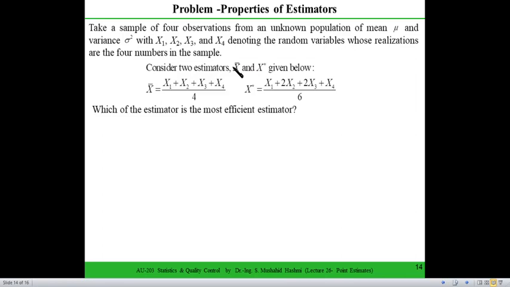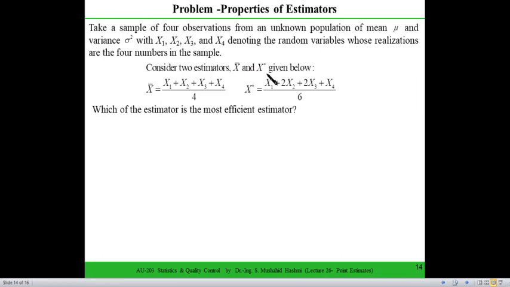Let's say, for example, we have a sample of 4 observations from an unknown population with mean mu and variance sigma square. We take x1, x2, x3, x4 as the 4 samples, which are random variables, because x1 can take any value, x2 can take any value.